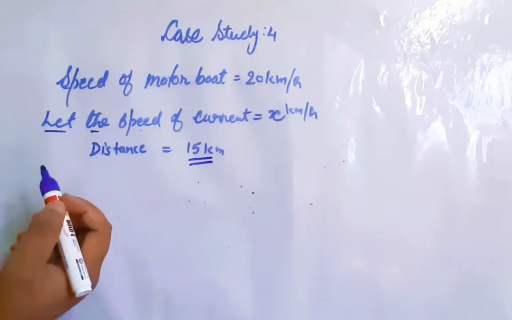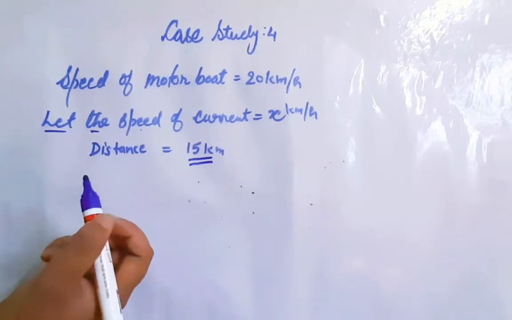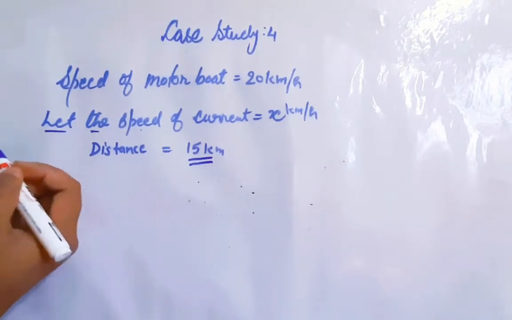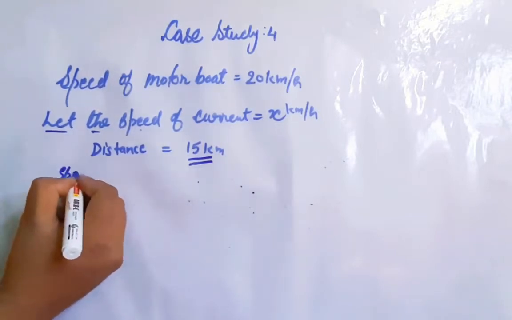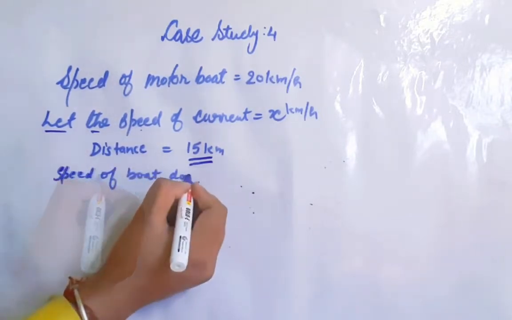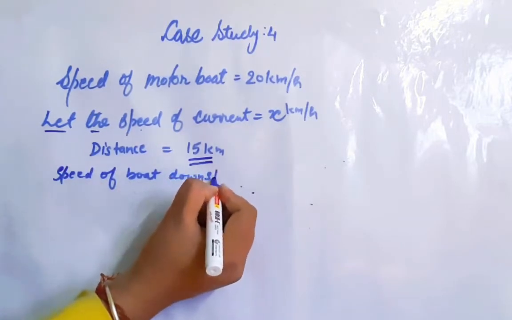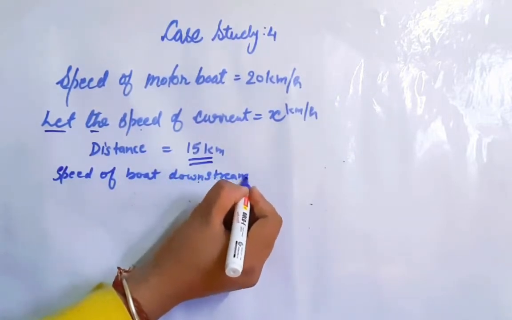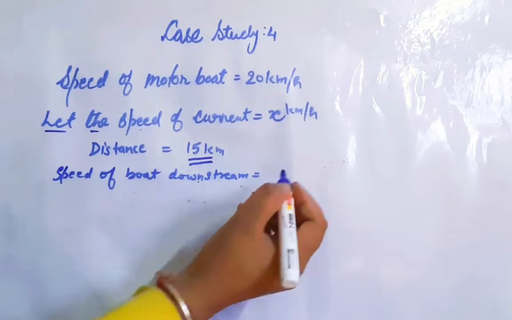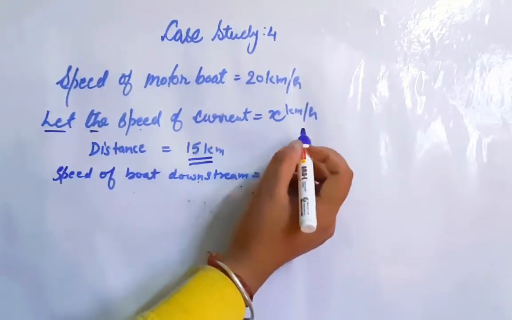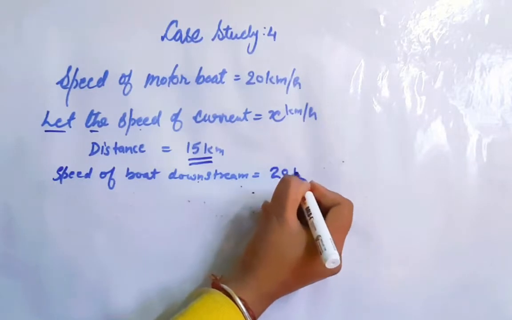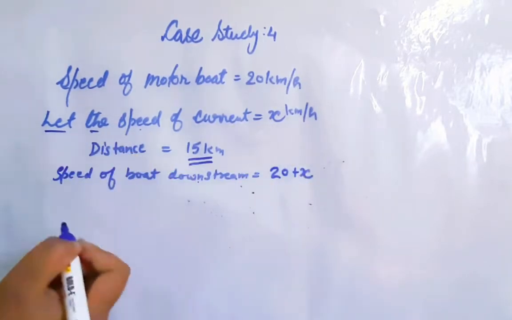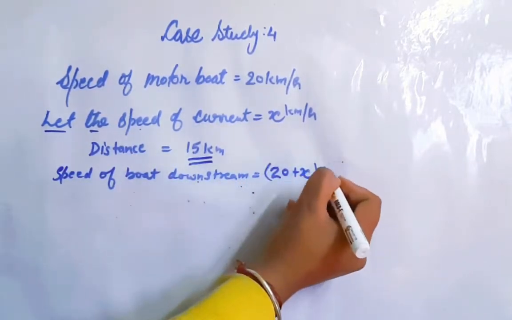So we know that when the boat is running downstream, the speed of the boat downstream will be speed of boat plus speed of stream. It will be 20 plus x kilometer per hour.